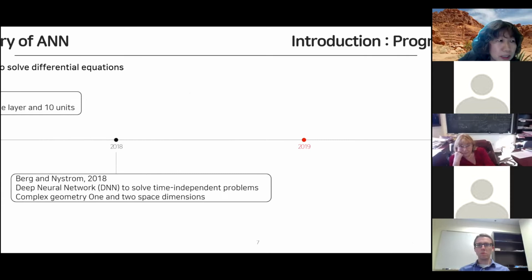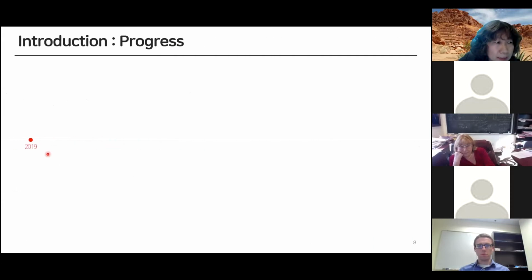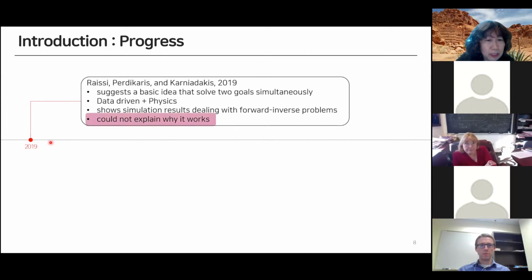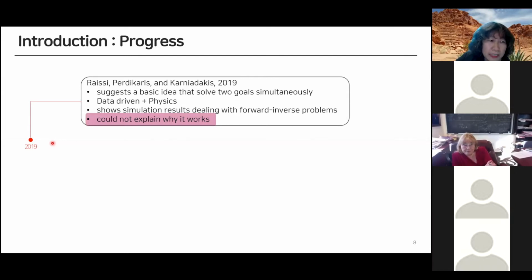One year later, in 2019, there were two independent researchers from two different groups. First, the Karniadakis group at Brown applied the forward and inverse problem using DNN to partial differential equations. However, there is little theoretical evidence in that paper for why this approach works well.